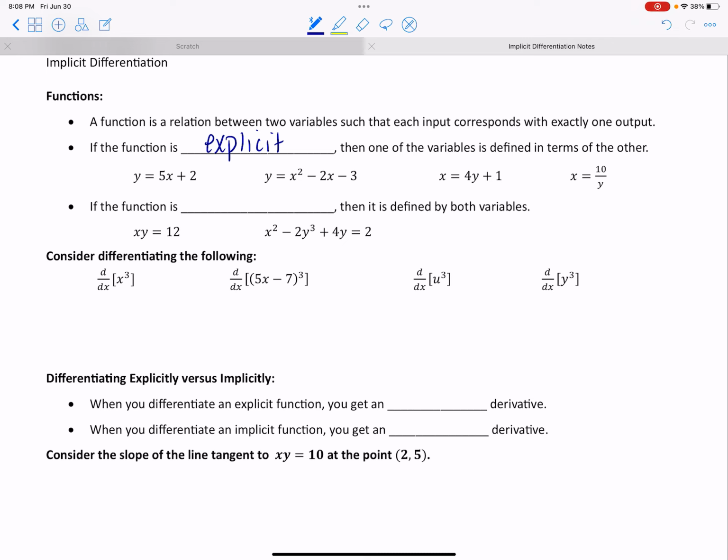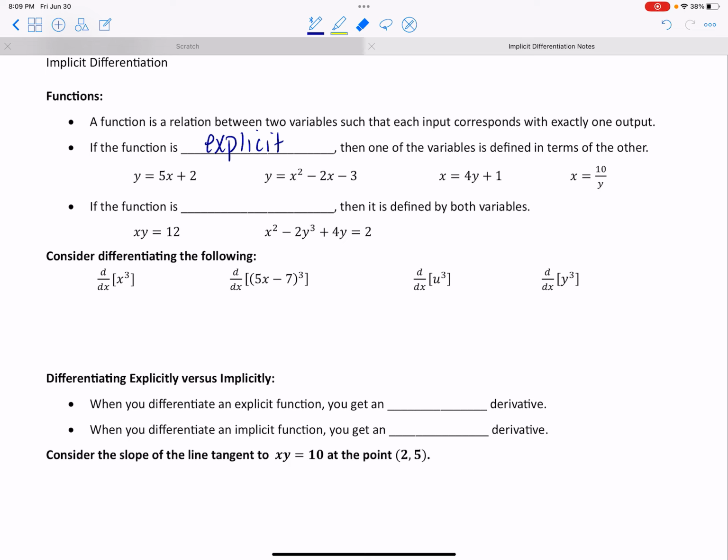So you see one variable like y defined as 5x plus 2. So y is defined in terms of x, or y equal to x squared minus 2x minus 3, again means y is defined in terms of x. Or we have x equal to 4y plus 1, means x is defined in terms of y. And the same thing here, you have x all by itself defined in terms of y here as 10 divided by y. So an explicit function, again, one variable is defined in terms of the other.